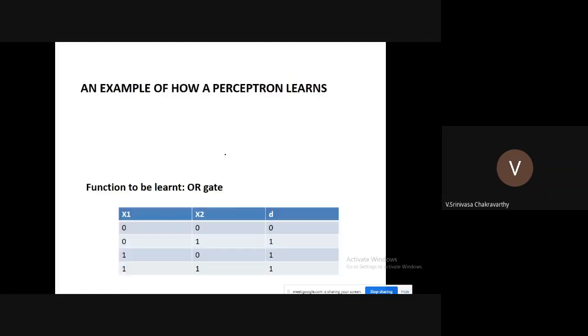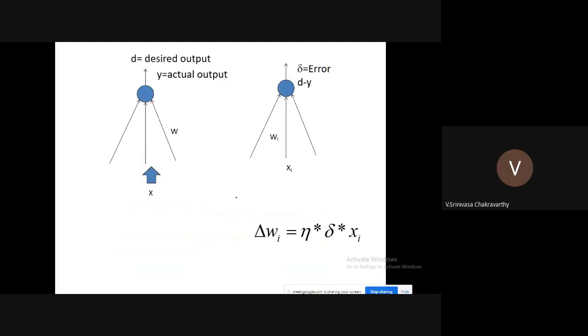Now let us apply this to again the simple OR gate. So this is the truth table for the OR gate. In the previous approach, we just hand calculated the weights, and we showed how you can make a neuron behave like an OR gate. But now we'll use this learning algorithm.